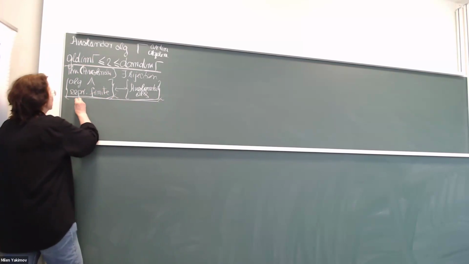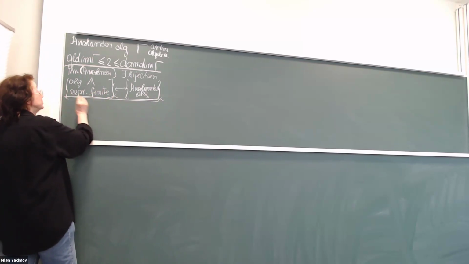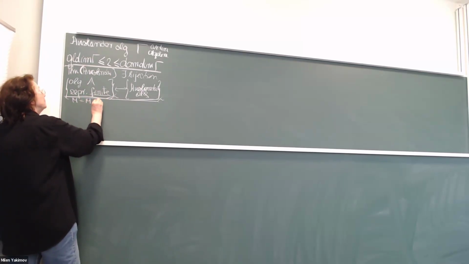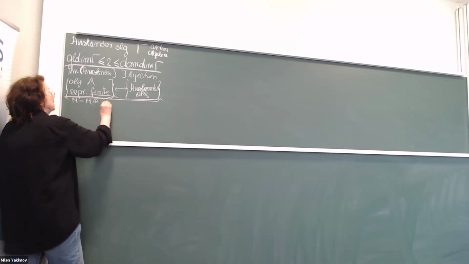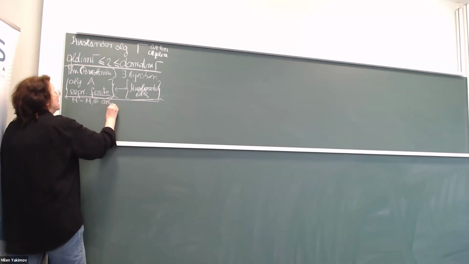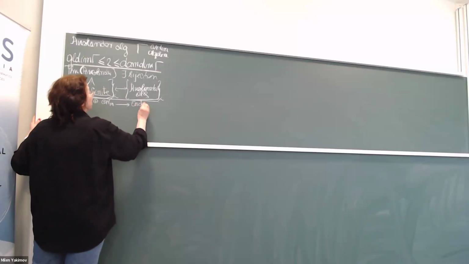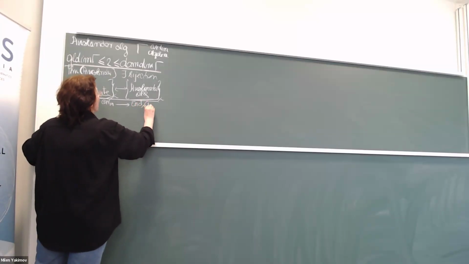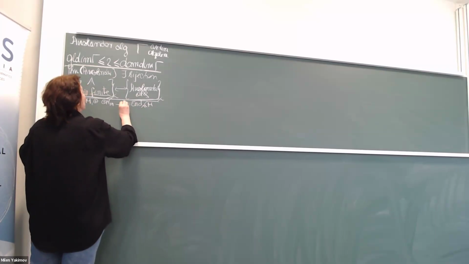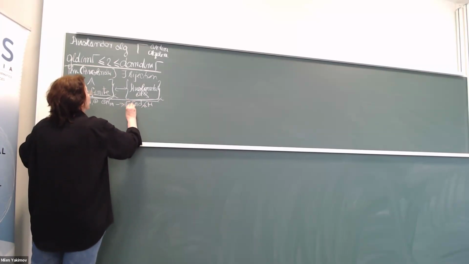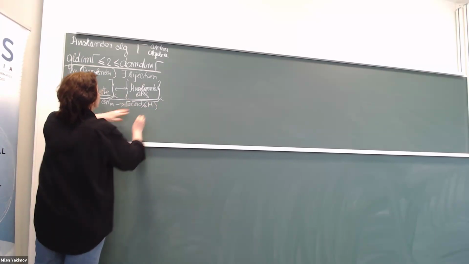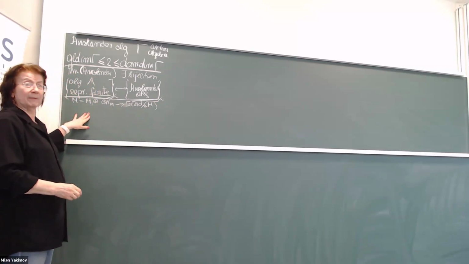This is just the idea of the proof. Since Lambda is representation finite, take N, the direct sum of the indecomposables, and then take the endomorphism algebra over Lambda of N, and that is Gamma.